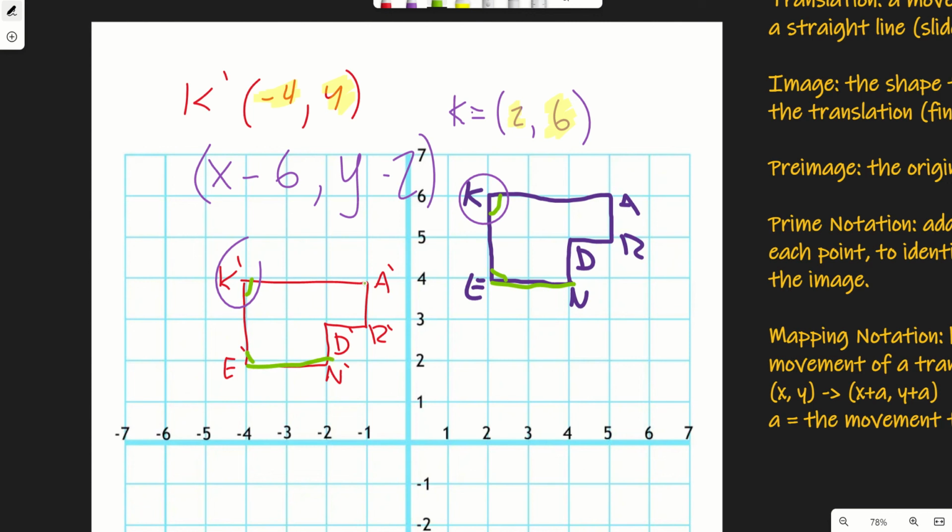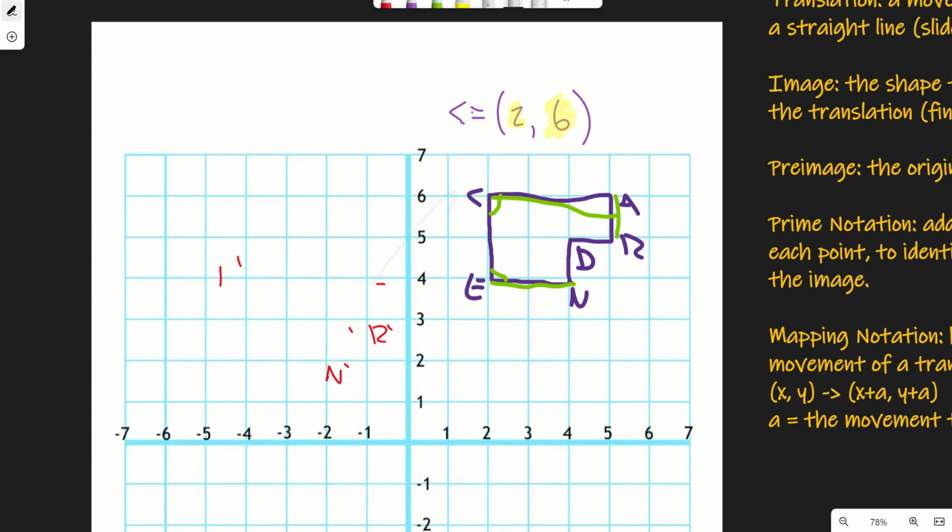From A to R, it's 1. From K to A, it's 3. So all of my side lengths are exactly the same. When I translate something, my sides do not change. When I translate something, my angles do not change. So when I'm doing this, I want to keep all those things the same.